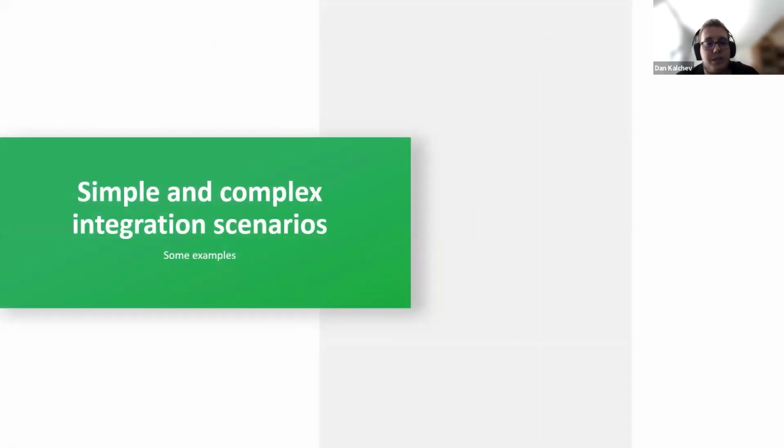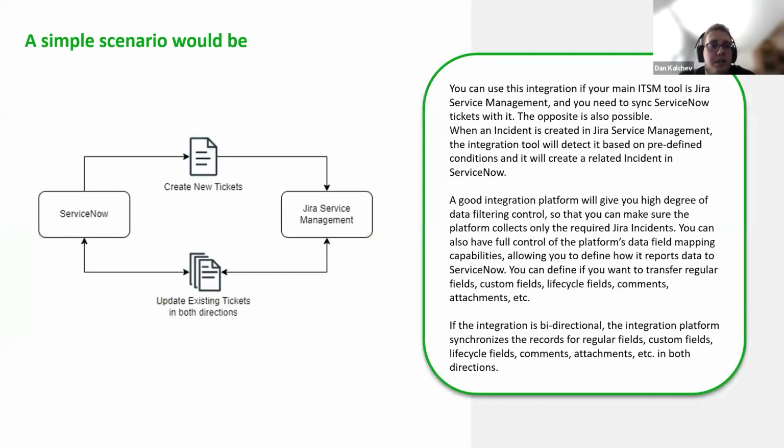So based on this, I have prepared some example scenarios where they can visualize that. The first is a simple integration scenario where we have only two systems and only one type of data that is going to be integrated between them.